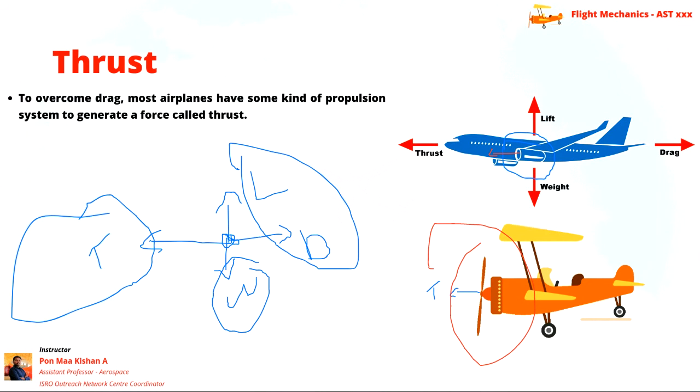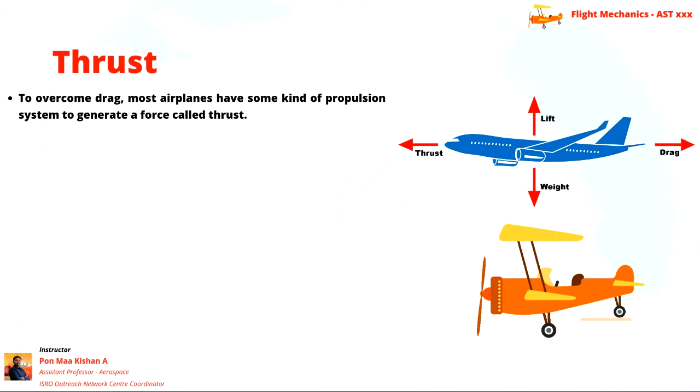So it will be acting at the hub, and in case of a jet engine, if I'm seeing the front view, right, I will be having a circular pattern from the front view. Okay, jet engine front view. I'm just showing over here. So the front view will be having a circular pattern, and the center. I have not drawn the center.